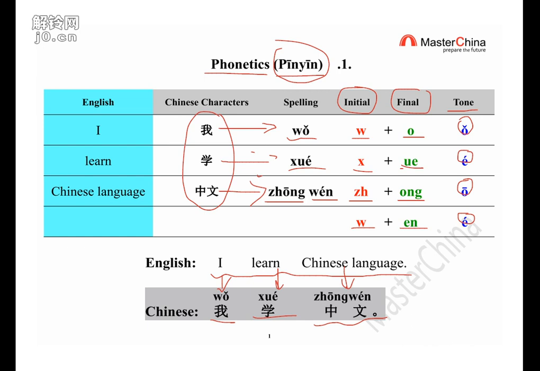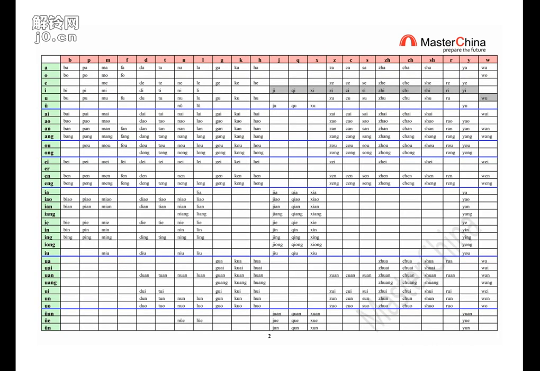Okay, let's go back to the very beginning, as the basic units of this language are initials, finals, and tones. Then some spellings. You can see this big form, and there are several spellings on it, right? Actually, Chinese has limited spellings.